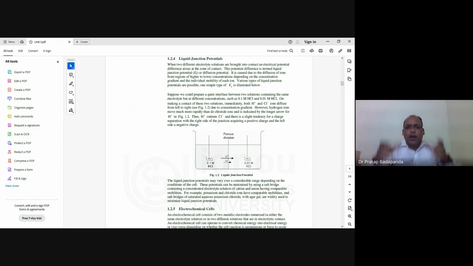I'll take two glass cylinders connected by another cylinder. It's an equipment, right? The connecting cylinder in the middle is closed by a stopper.